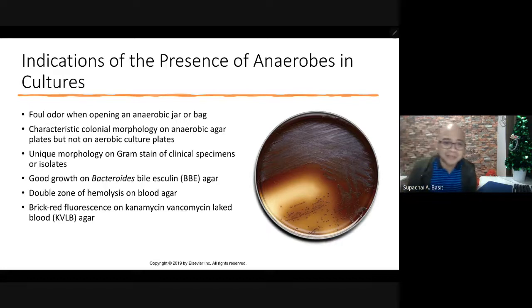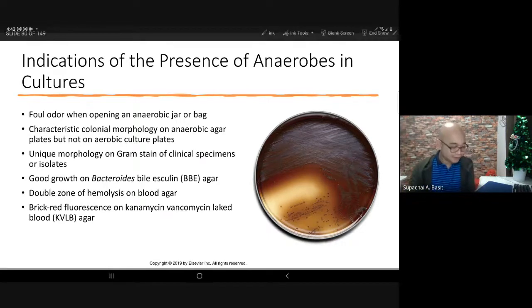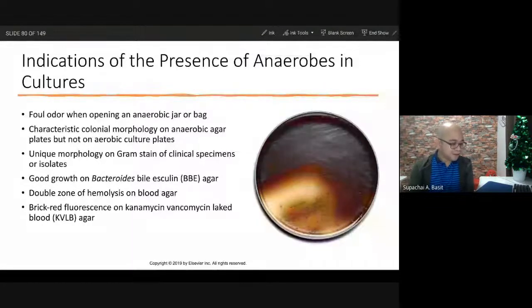And what do we need to look for? We need to look for foul odor when opening the anaerobic jar or bag. And then we also have to look for colonial morphology on anaerobic agar plates, but not on aerobic culture plates. So usually, kailangan natin tingnan yung Gram stain for unique morphology.